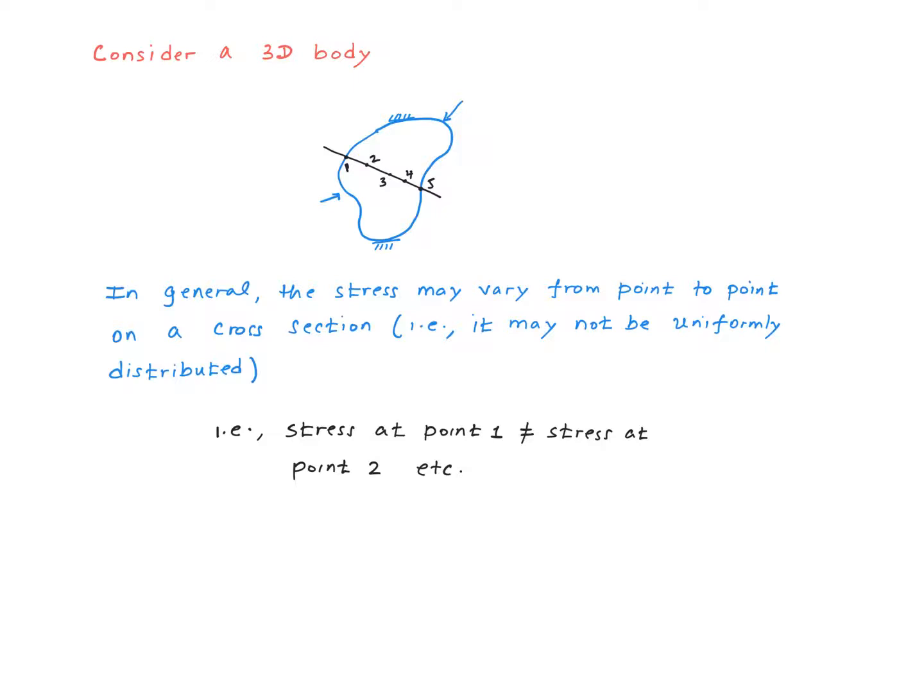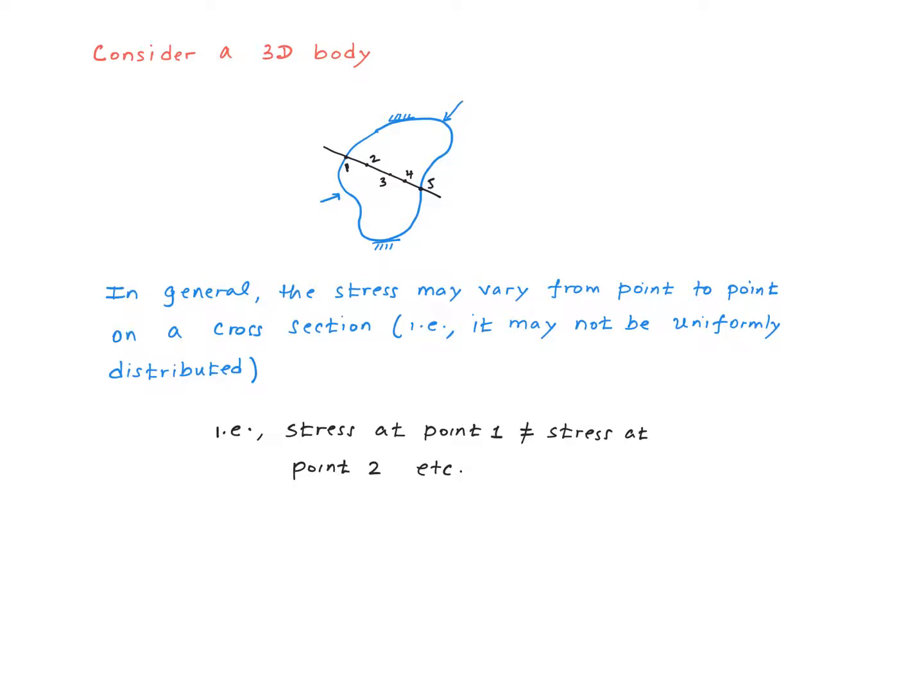Now let's consider a 3-dimensional body like this. The body is subjected to external forces like these and supported like these. Let's say we want to section the body along a plane like this and then try to understand the stress on that plane. Now remember, in the earlier slide we talked about the fact that even on a 1-dimensional cable, the stress may not be uniform in the cross-section, right?